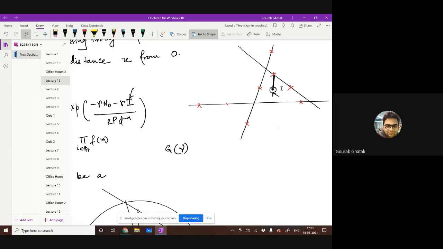Here it is a bit different, in the sense that if I tell you that my base station is located at a distance of d from me, which means this red x is at a distance of d from this black dot, it deterministically includes the event that there is a line passing through that red cross, right?